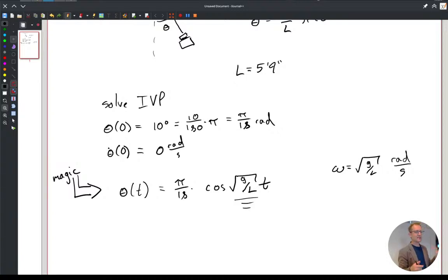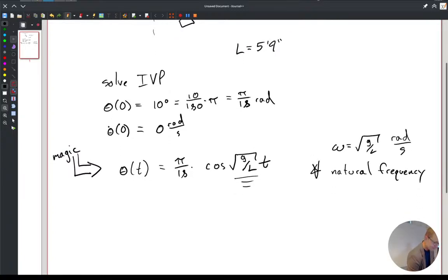If you go 2 pi radians, then you've gone through 1 cycle. If you have number of cycles per second, what is that called? Frequency? Yeah. Frequency. So this is our natural frequency. Frequency is so much easier to measure than everything else, displacements, accelerations.